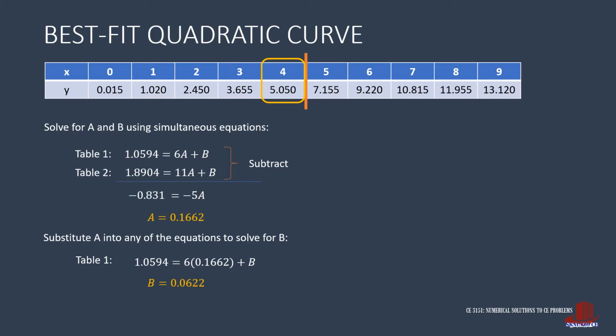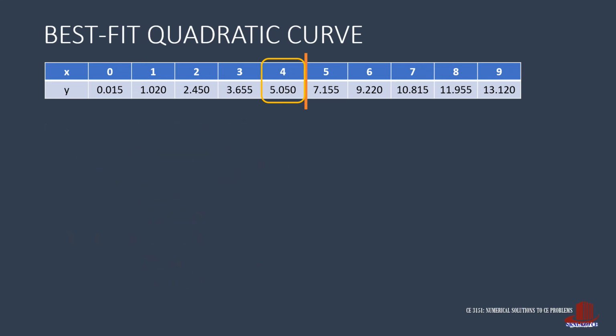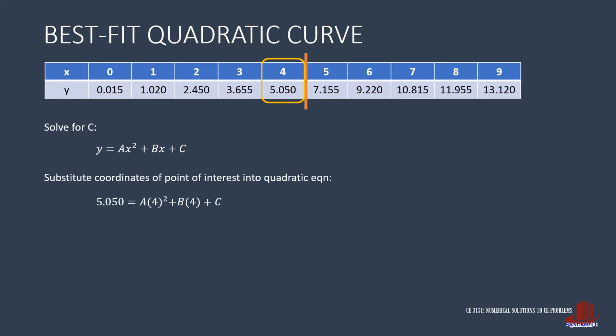But with which equation shall we generate the value of c? From our derivation earlier, we started with the quadratic equation, then substituted the coordinates into the function, thereby having 5.05 equal to a with 4 squared plus b of 4 plus c.